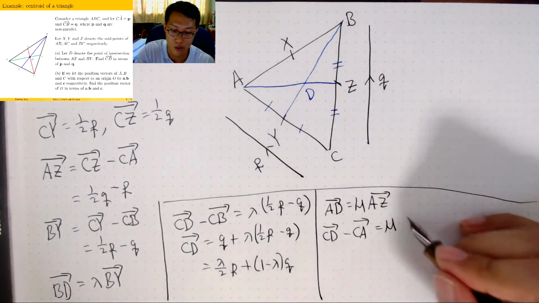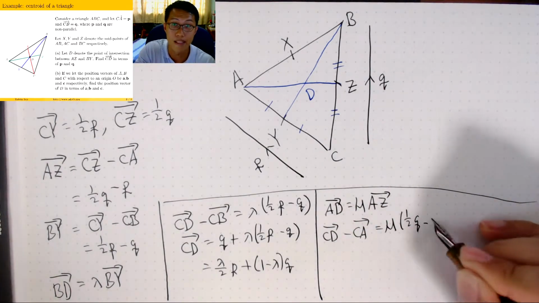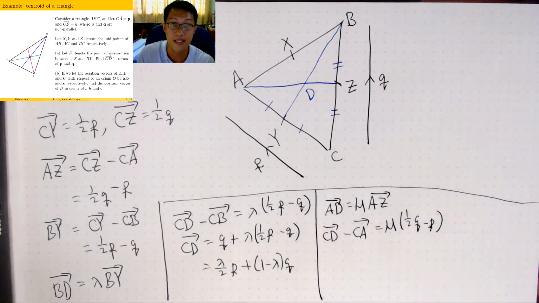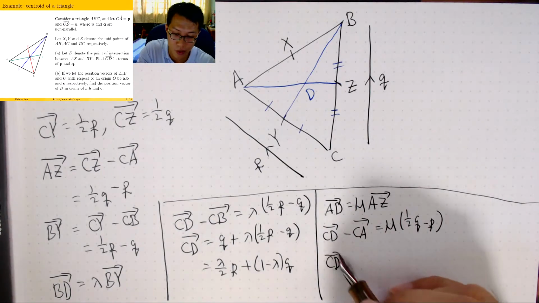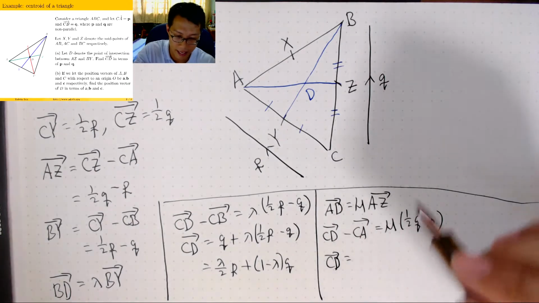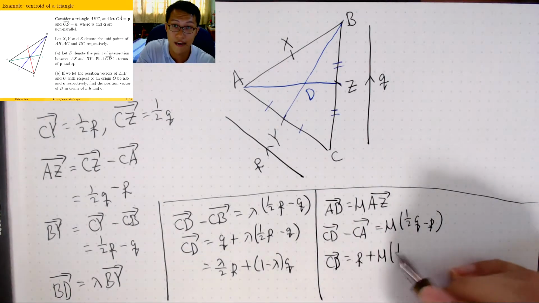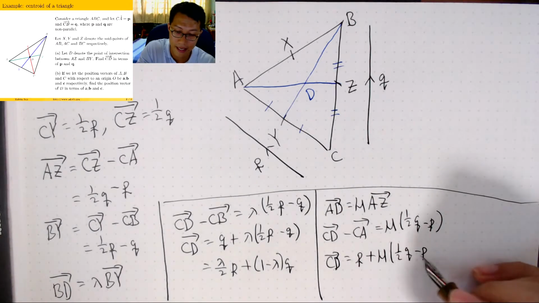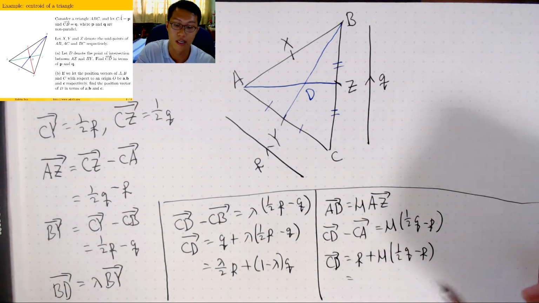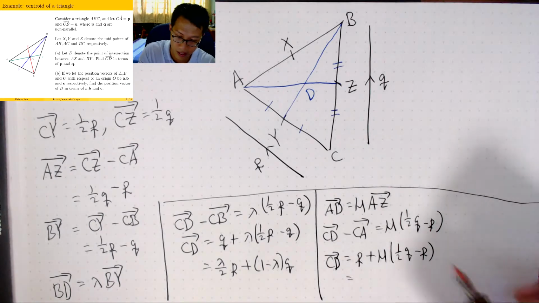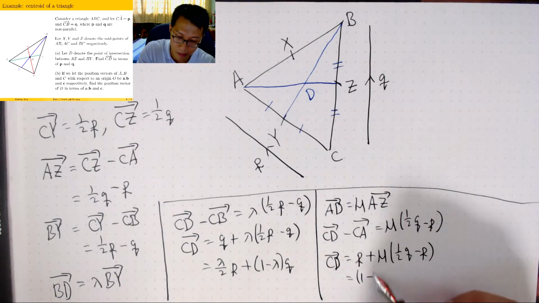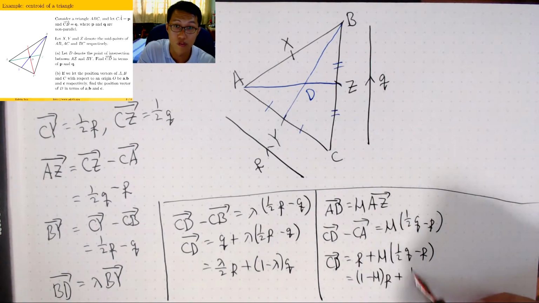AZ we found to be half Q minus P. Let's make CD the subject. CD equals CA. CA is P. So we have P plus mu times half Q minus P. Expanding and grouping all the P's and Q's together, we have 1 minus mu of P plus mu over 2 of Q.